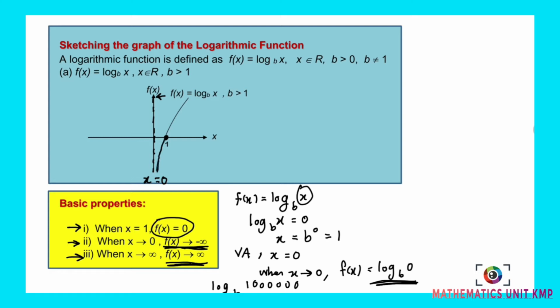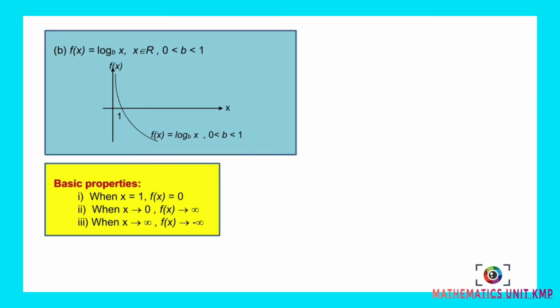That's why dia tarik ke bawah. Dia takkan sentuh x 0. Understand? And then bila ke kanan ini x approaching positive infinity, the value of y akan approaching to positive infinity, naik ke atas. Do you understand?